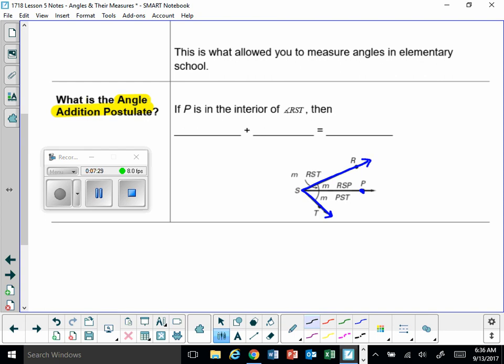So that means, and it looks like my symbols didn't quite print here in the diagram, the measure of angle RSP plus the measure of angle PST equals the measure of angle RST. The part plus the part equals the whole.